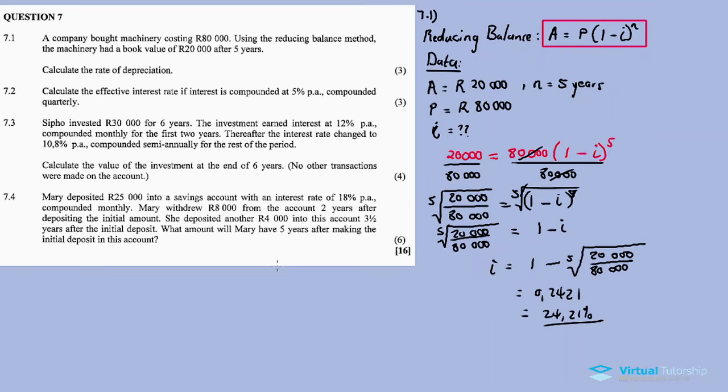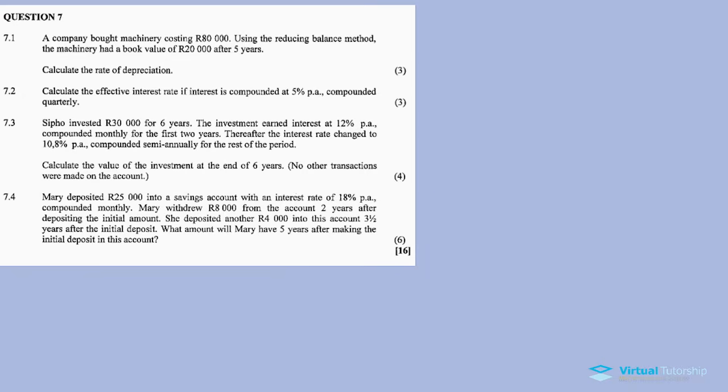Okay, 7.2. Calculate the effective interest rate if interest is compounded at 5% per annum compounded quarterly. All right, here we want the effective interest rate. This 5% per annum compounded quarterly is what we call a nominal interest rate. So in order to calculate the effective interest rate, we use this formula for 7.2.